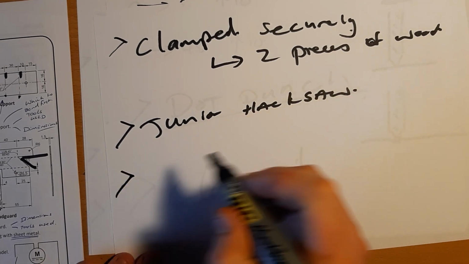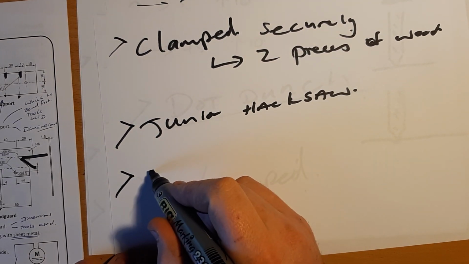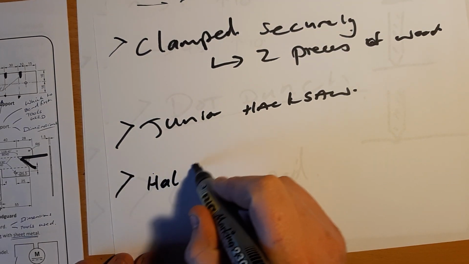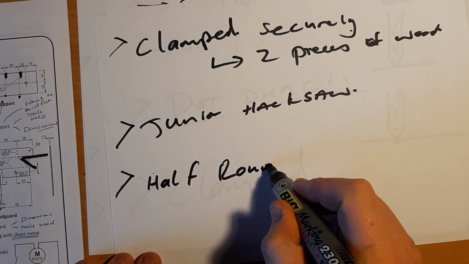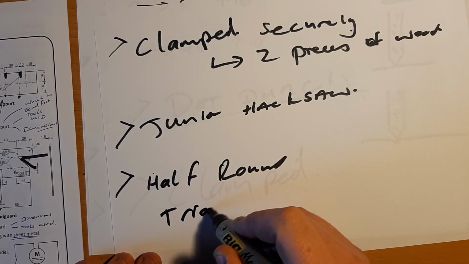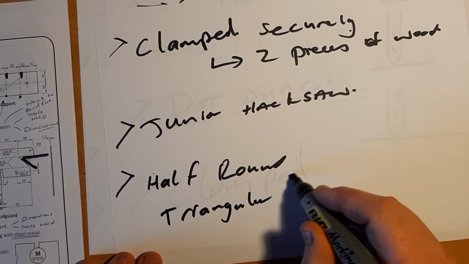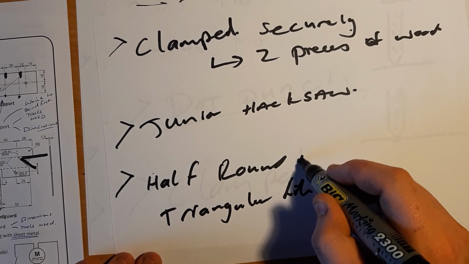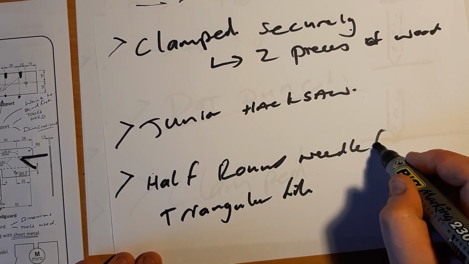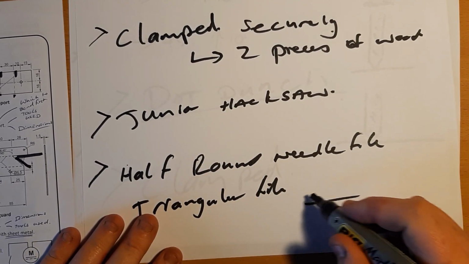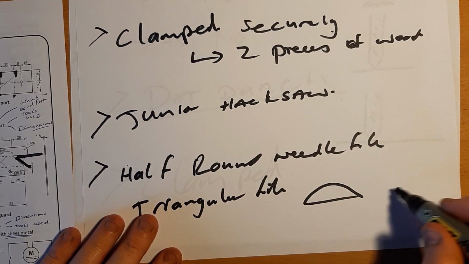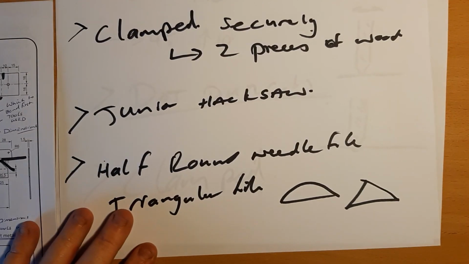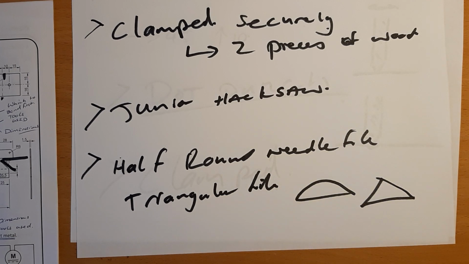So the next thing you need to be talking about is, everyone used a half round or triangular file, or needle file. Your half round file looks something like that. Your triangular file looks something like that. So you need to be talking about these in as much detail as possible.